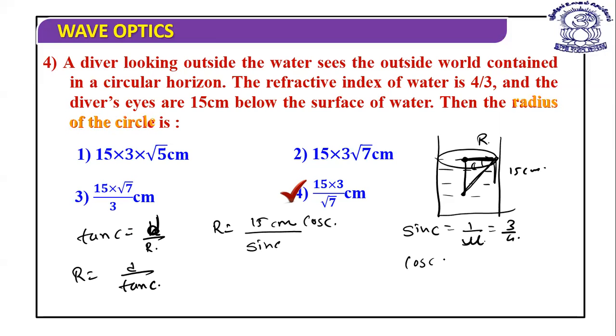So cos C will be equal to under root 1 minus 9 by 16, and tan C will be equal to 3 by root 7.